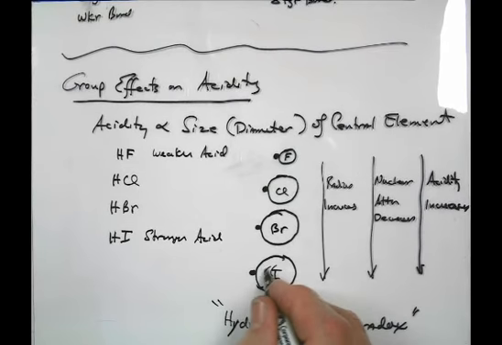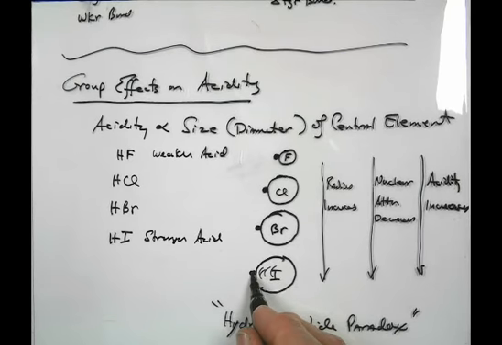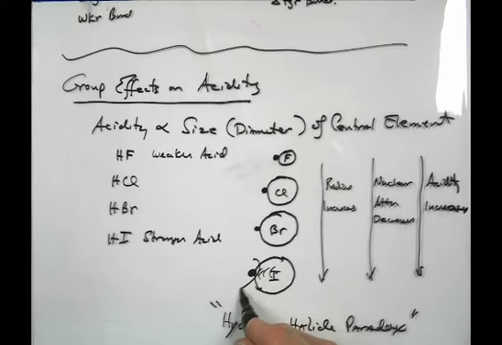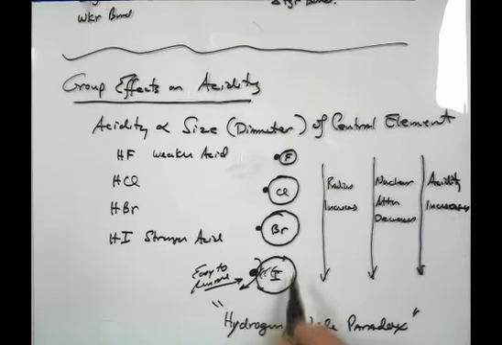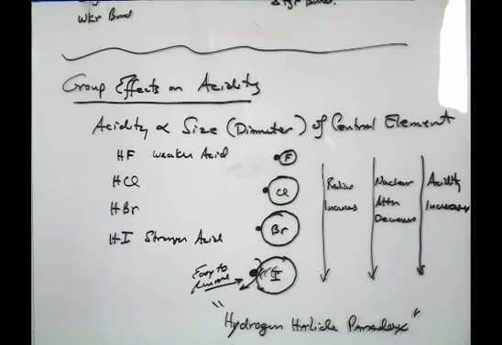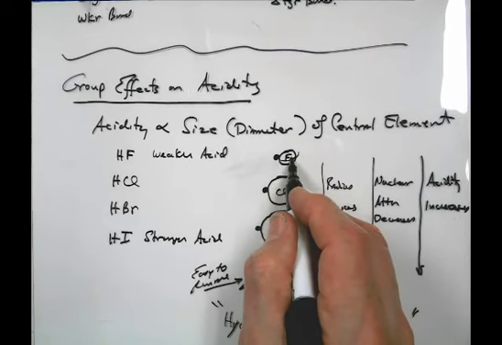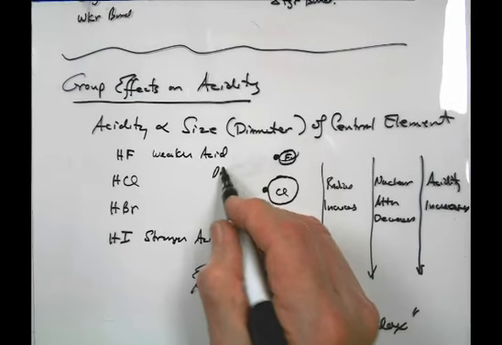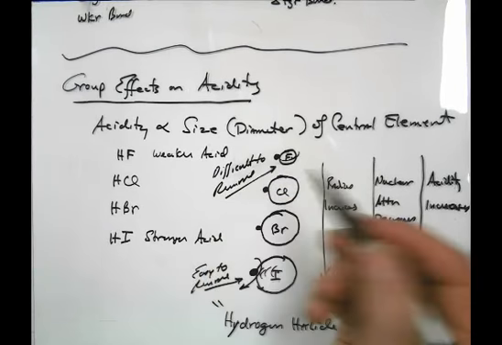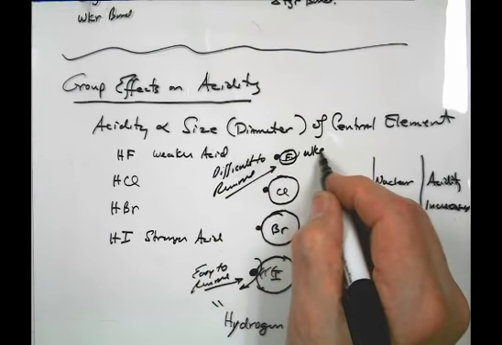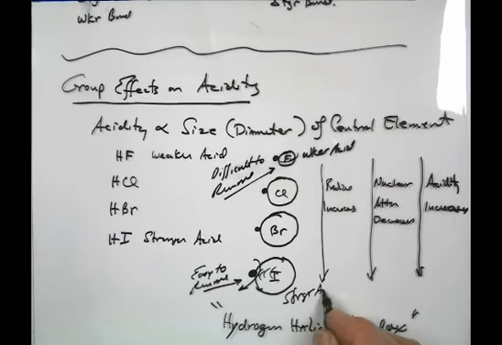Because the shielding effect of all of the internal core orbitals functions to reduce the effect of the nucleus on that hydrogen out here, and this is easy to remove on the hydrogen iodide, and therefore it is a stronger acid. And because of the closeness of the hydrogen to the fluoride nucleus, this is difficult to remove. And so this would be a weaker acid as compared to the hydrogen iodide, the stronger acid.